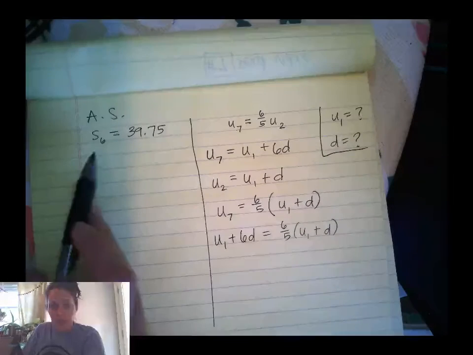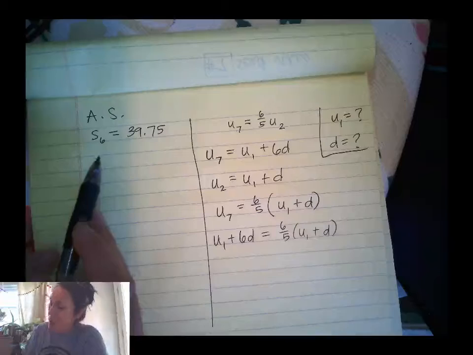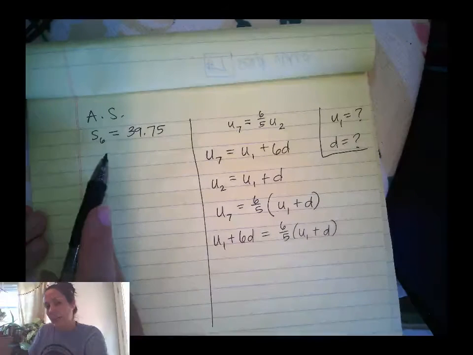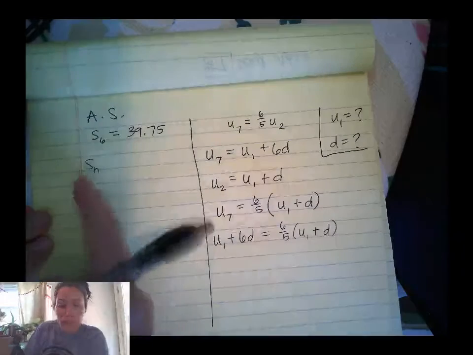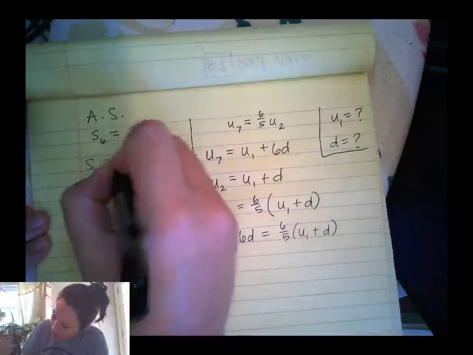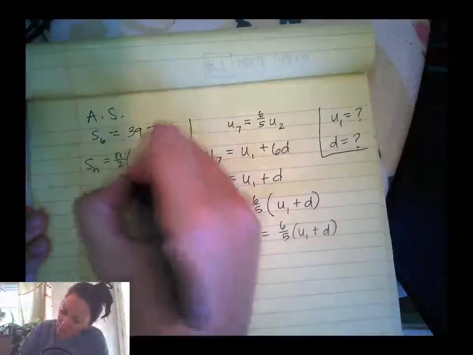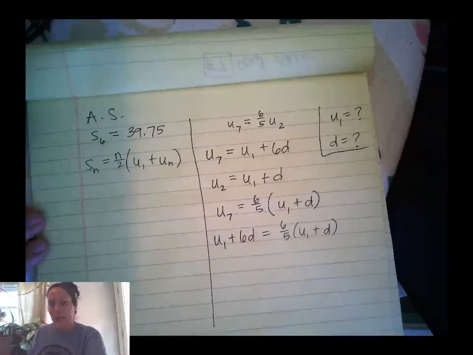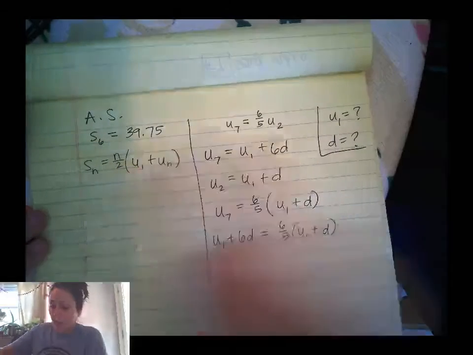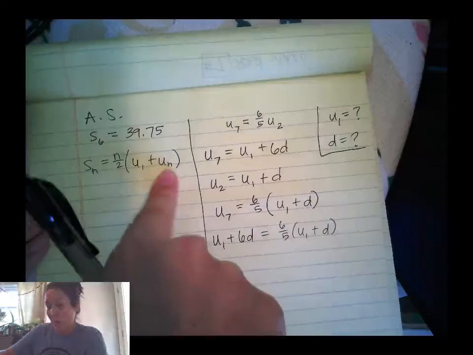The second equation, which is technically the first one in the problem, is S sub 6. Because this is an arithmetic sequence, I know that the nth partial sum is always equal to n divided by 2 times U sub 1 plus U sub n. U sub 1 is one of my unknowns, but U sub n is not.